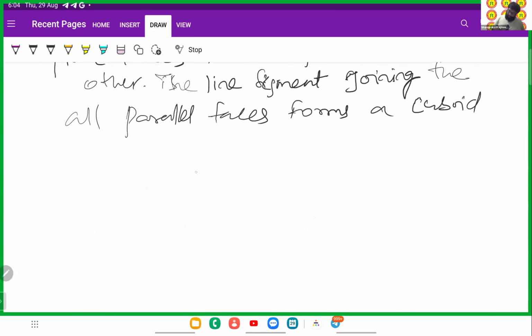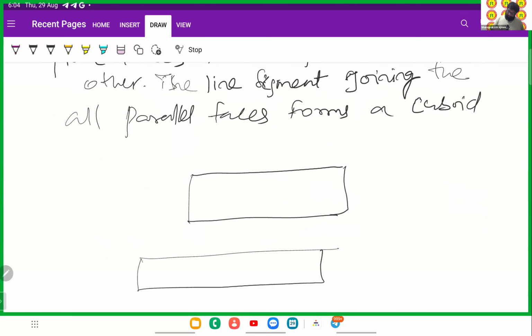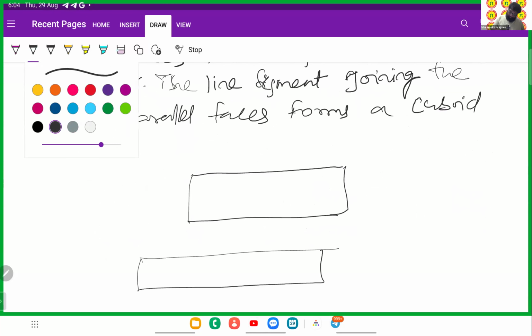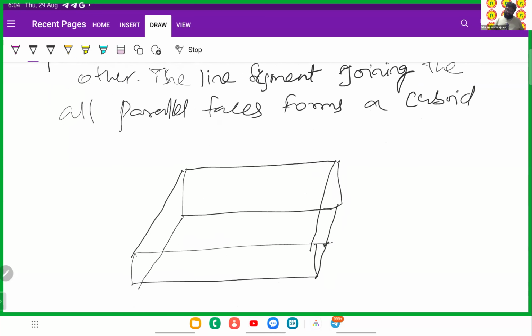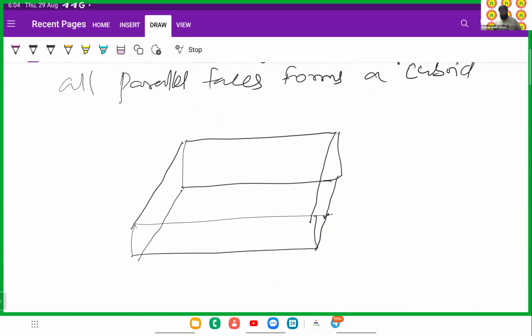So what I am drawing here is a rectangle, and parallel to this, another rectangle. Now I am connecting these parallel surfaces with line segments. So this is a cuboid. Sorry for the diagram, but this is how it actually looks.